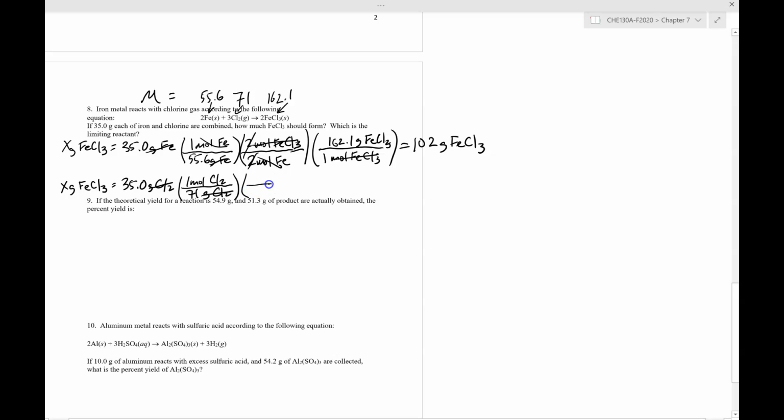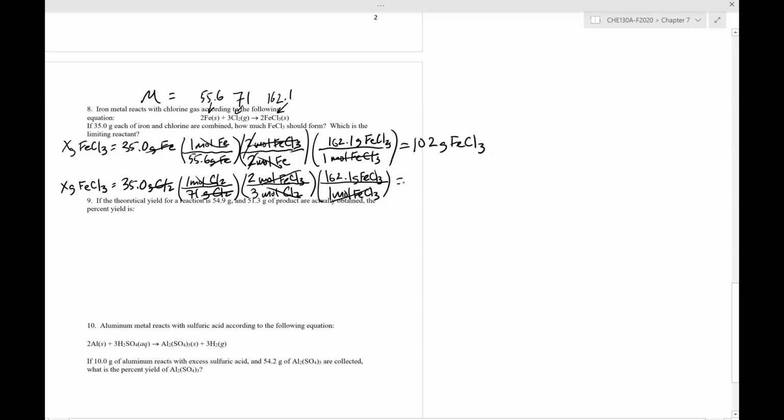And then my mole to mole, I'm going to have 2 moles of FeCl3 on the top again. But on the bottom, I'll have 3 moles of Cl2. And that will cancel out moles of Cl2. And then the end one's going to look the same. It's going to be 162.1 grams of FeCl3 over 1 mole FeCl3. And that will let that cancel out as well.